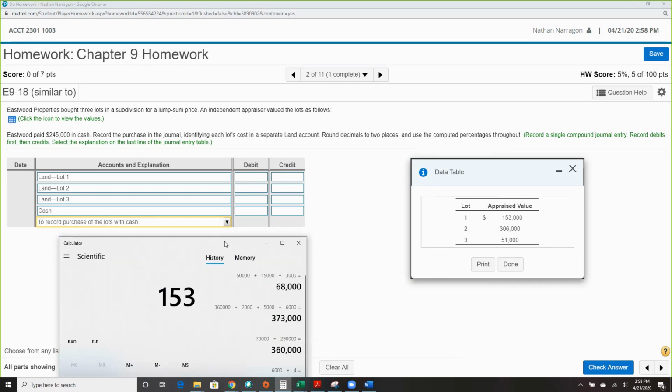So, 153,000 plus 306 plus 51,000. Again, I'm adding up the three lots of the appraised. So that total is 510. Okay? So, out of this 510, I take each lot, take their cost, and divide it by the total.